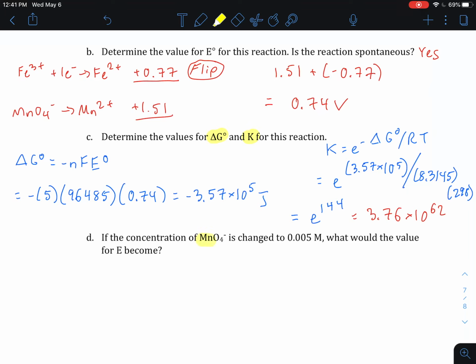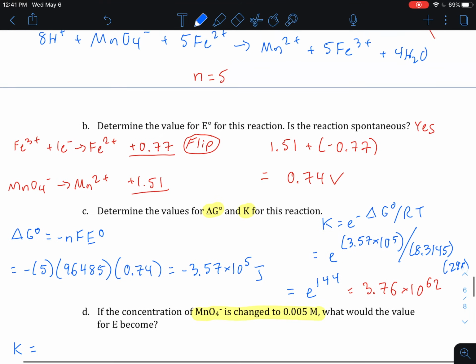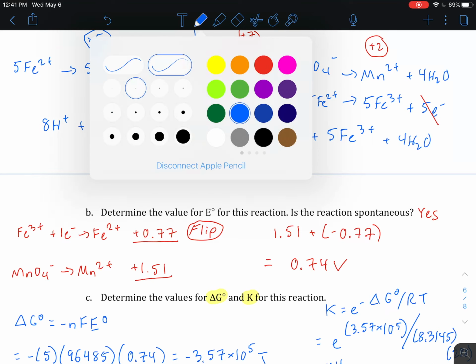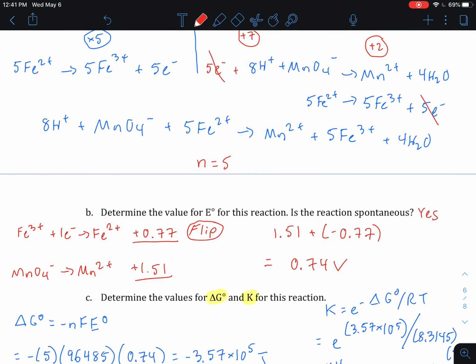Okay, the last question here, it's giving us a Nernst equation type problem, and we know that because we're changing the concentration of one of the components. So now we need to kind of go back and see what the equilibrium constant actually looks like for our overall reaction.